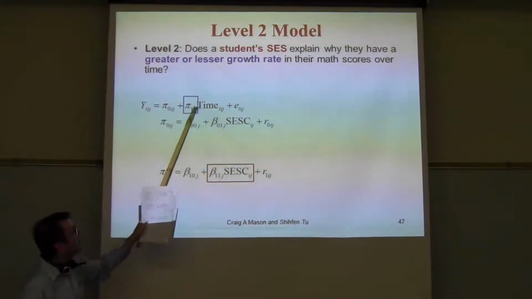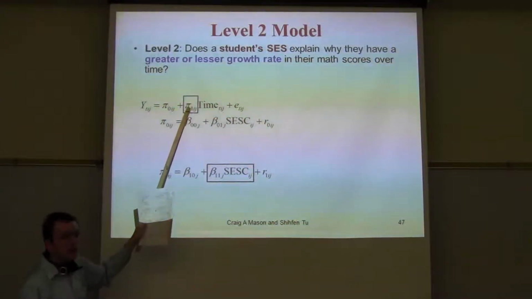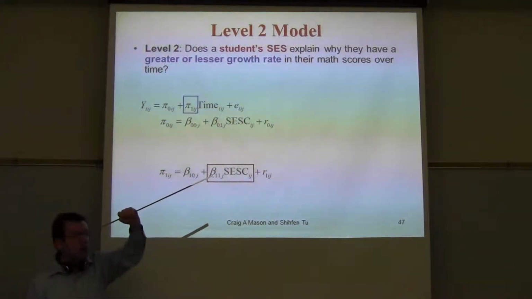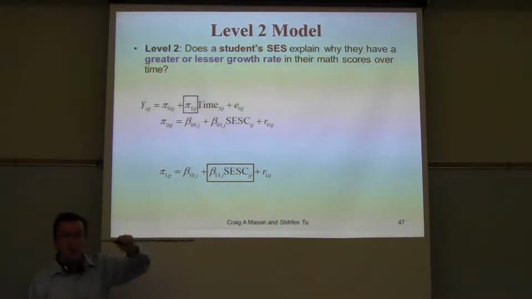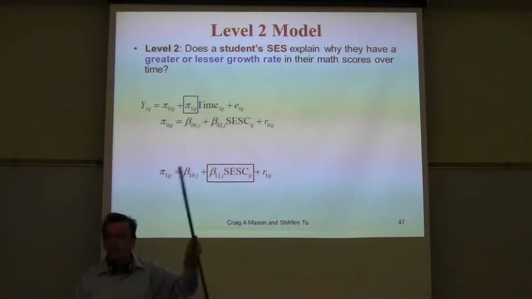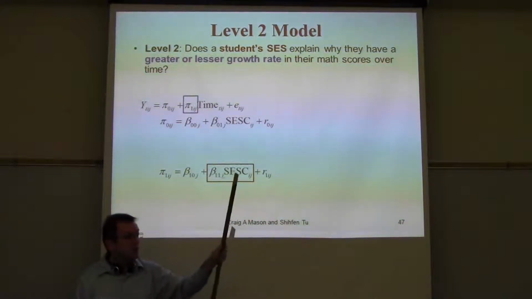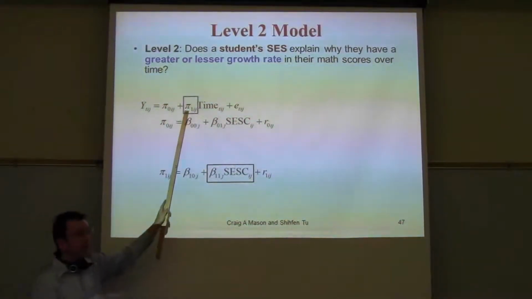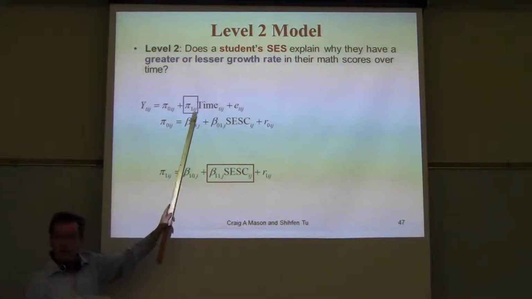Then, that's dealing with pi 0 ij, those initial values. There was also the pi 1 ijs. And that was that individual student slope over time. We've got those 500 slopes. Every one of the kids has their own slope, their own growth function, their own growth over time. We can do the exact same thing and say, well, let's model those 500.